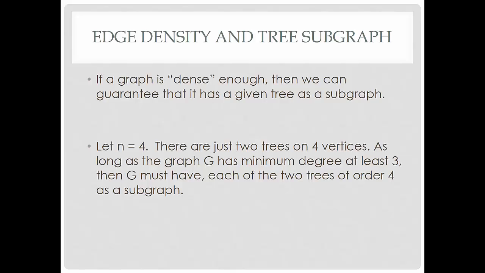So you have a vertex of degree 3, or you have a path. So what the theorem says is that if the graph has minimum degree at least n minus 1, which would be 3 in this case, then it must contain the 2 trees, the path and the star, as a subgraph.